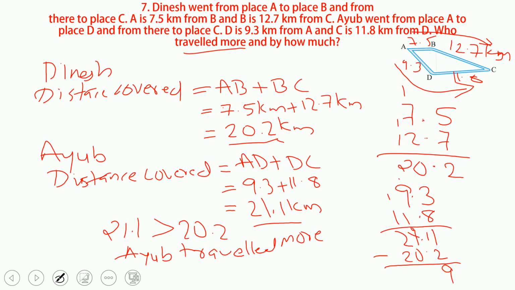From 11, 9, it is 9. 0, also 0. So it is 0.9 kilometer. So Ayub traveled more, by 0.9 kilometer. Understand it? Like this you have to do. Got it well?